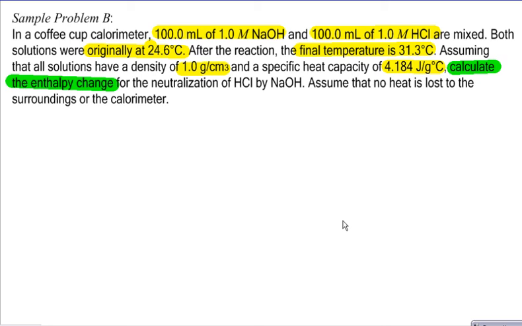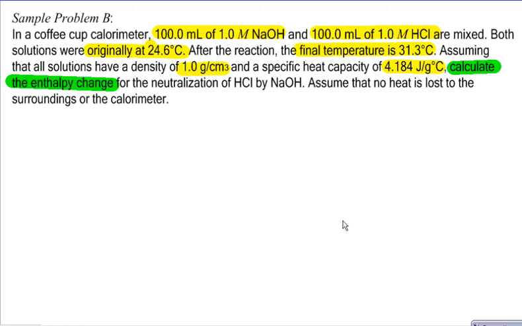So we can take those and convert them back into grams if we knew that they had a set density. And sure enough, they told us it has a density of 1 gram per centimeter cubed. A centimeter cubed is the same as a milliliter, so this would be 1 gram per milliliter. So whatever we get for the grams in solution, we can assume it's a 1-to-1 ratio of the density, and so we can go from milliliters to grams.